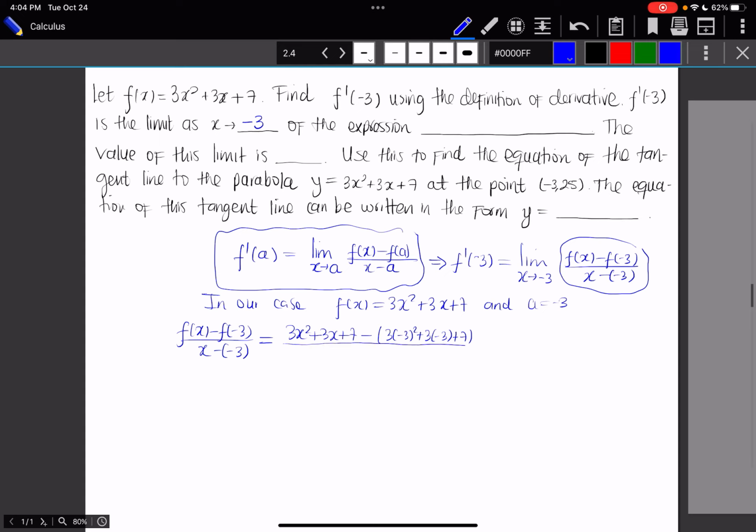And then we divide the whole thing by x minus -3, that gives us x plus 3. So here we have 3x squared plus 3x plus 7 take away, and when we compute this number right here, we find 27 minus 9 plus 7, that's 25, and then divided by x plus 3.